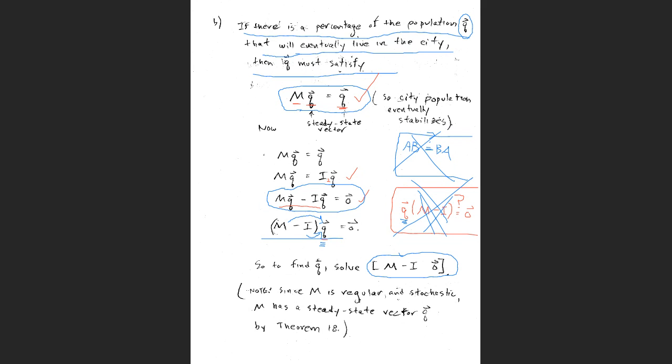And I'll make a note here: since the migration matrix M is regular and stochastic, matrix M will have a steady state vector Q by theorem 18 in your book. Are there any questions before we move on to the next page here?